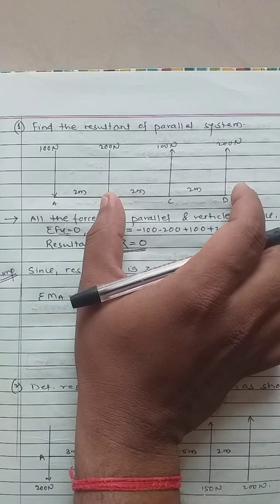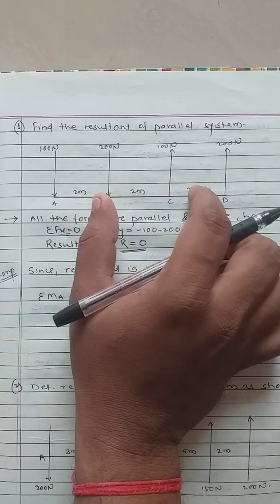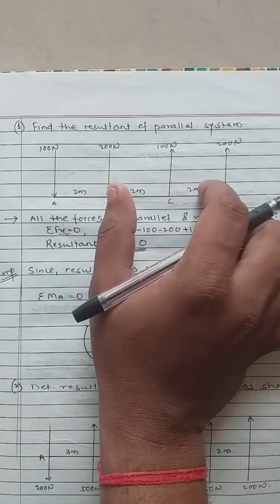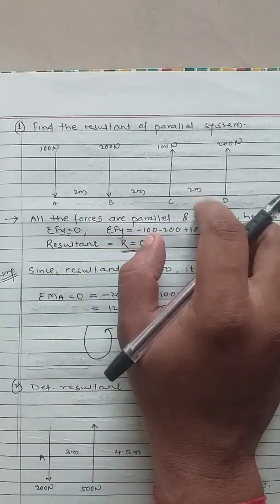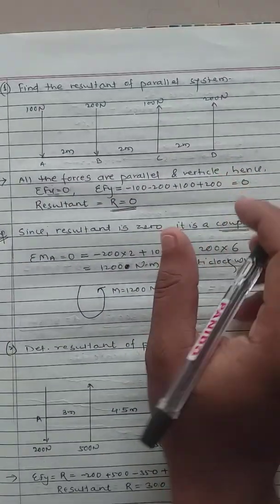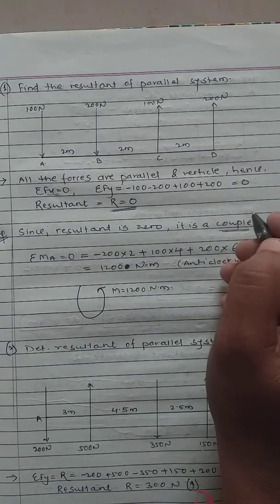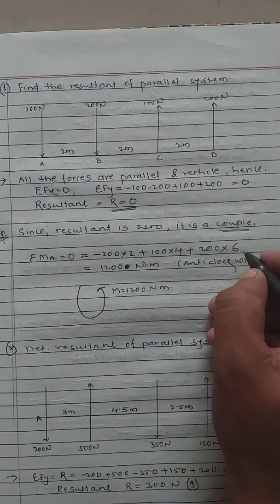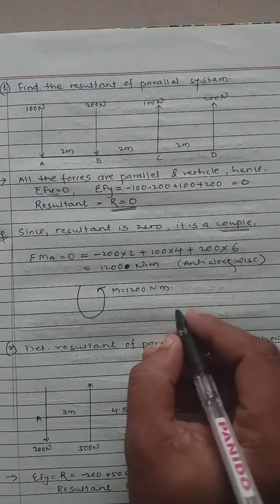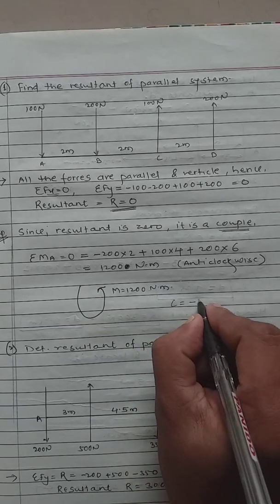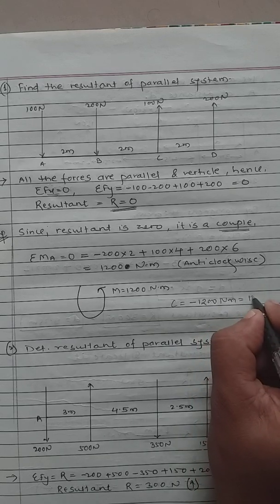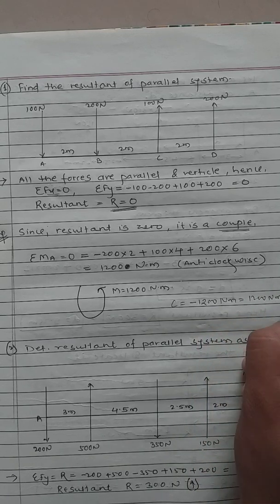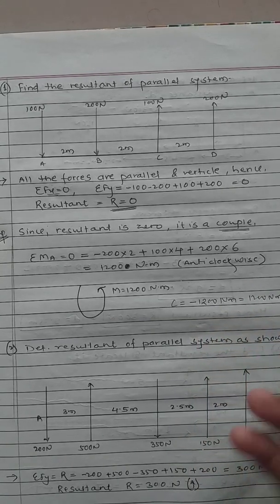This 200 and 200, 200 into 4, again anticlockwise, minus 800. So minus 400 minus 800 will be minus 1200. Directly you can write, couple is equal to minus 1200 Newton meter, or 1200 Newton meter in the anticlockwise direction.